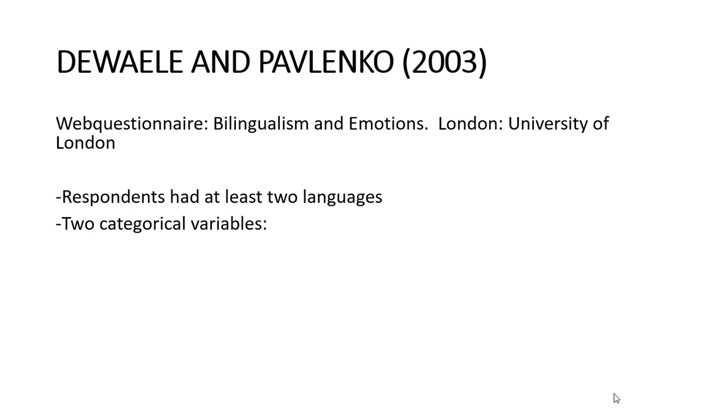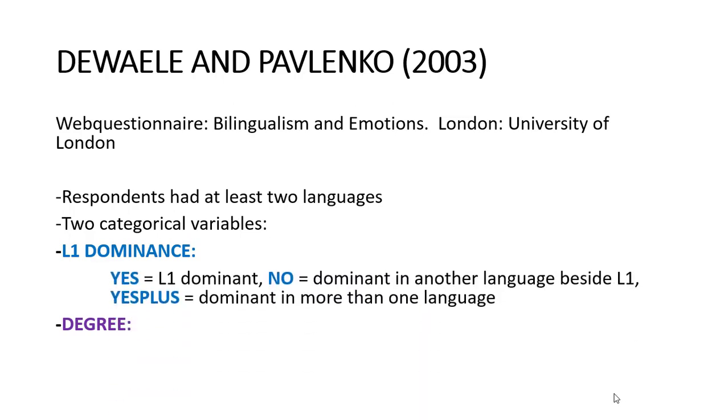And they had 2 categorical variables. One was the L1 dominance, and the other one was the degree. So they were trying to establish whether there was some sort of relationship between the dominant language and the degrees that you have in life. For the dominance, they're using 3 categories here. Yes means you're L1 dominant.